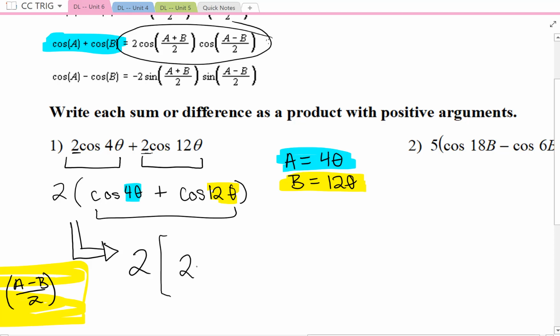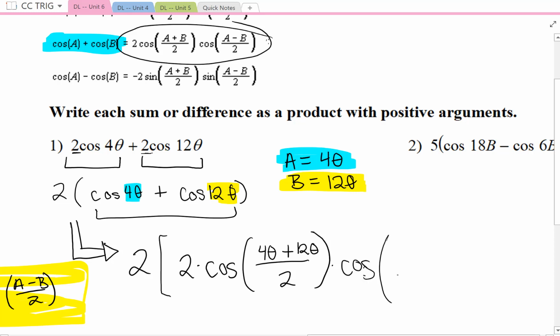All right, we should have 2 times cosine of A plus B over 2. A is 4 theta plus 12 theta over 2 times cosine of A minus B, so 4 theta minus 12 theta divided by 2.